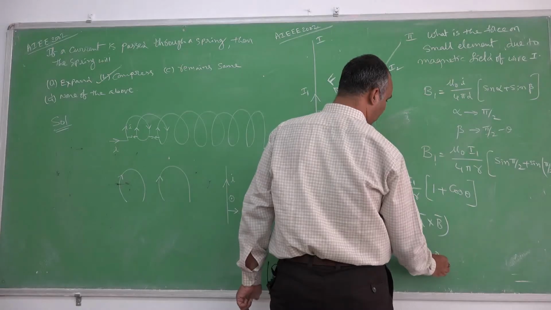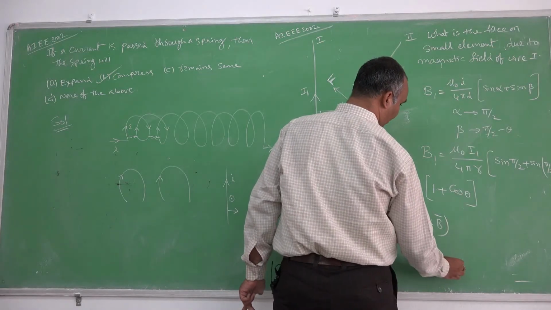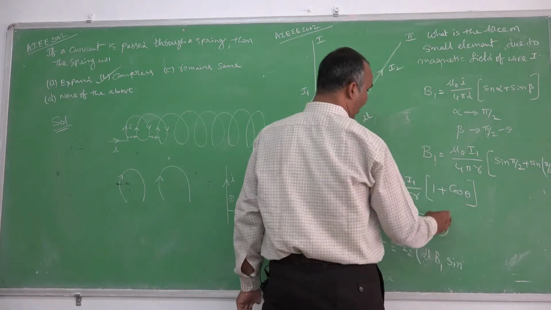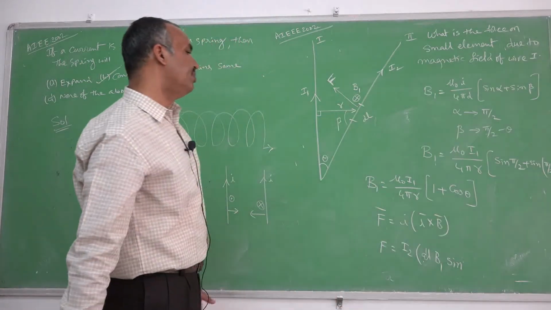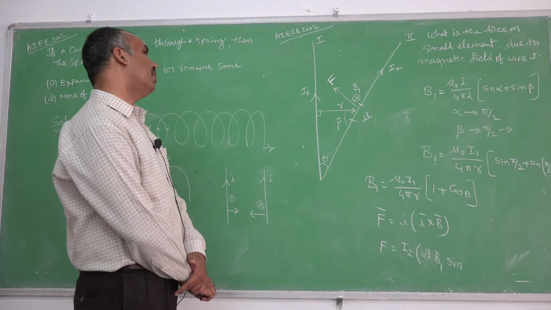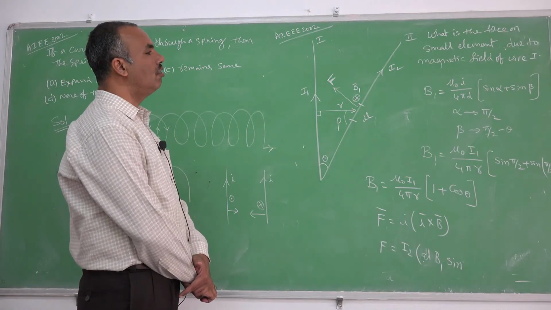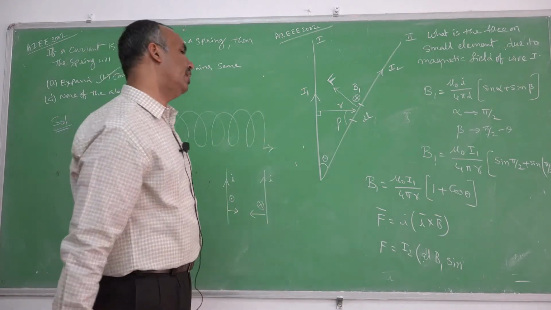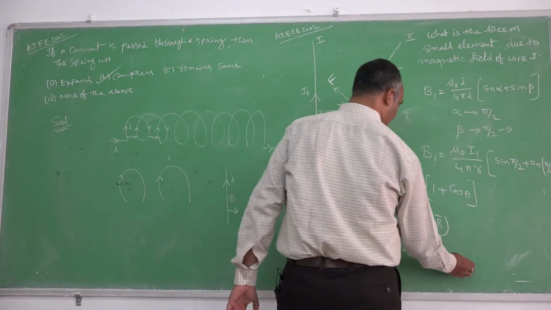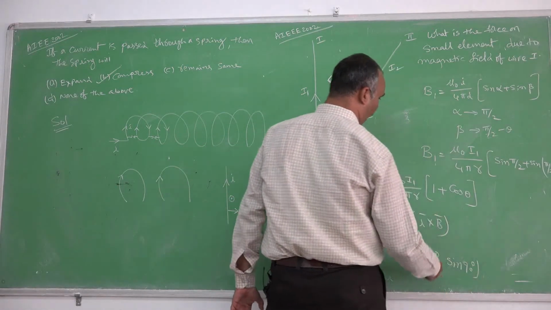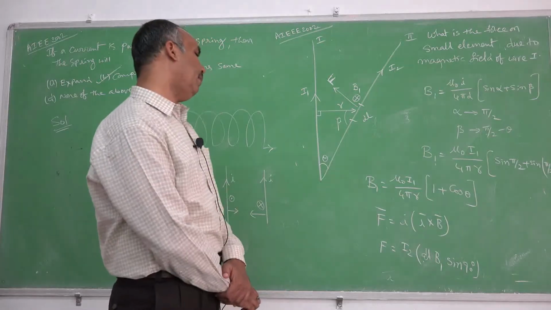The magnetic field strength is B1. Sine of what is the angle between them? What is the angle between L bar and B bar? B bar is into the paper. L bar is on the paper. So 90 degrees. Sine 90 is 1. So you need not worry.